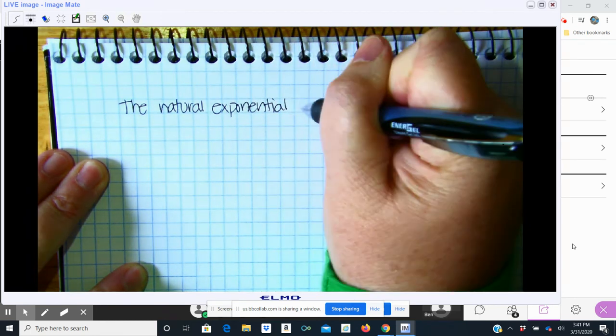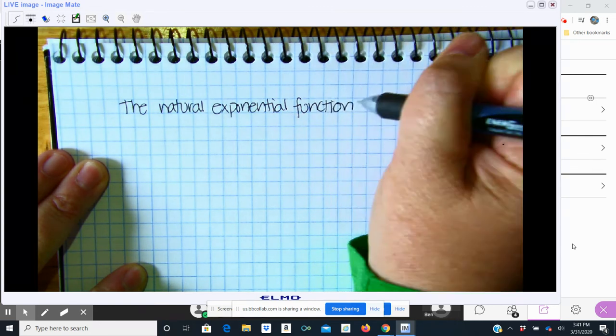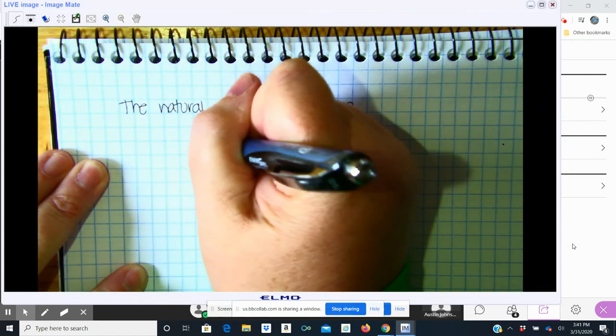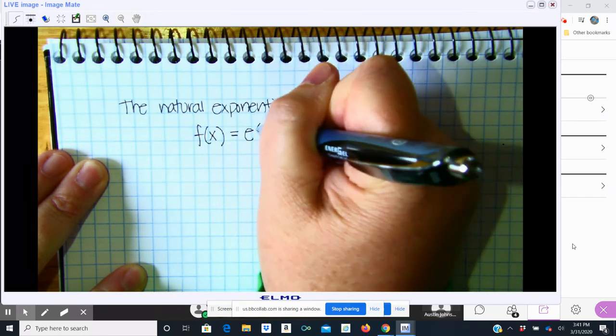The natural exponential function then is f of x is equal to e to the x.